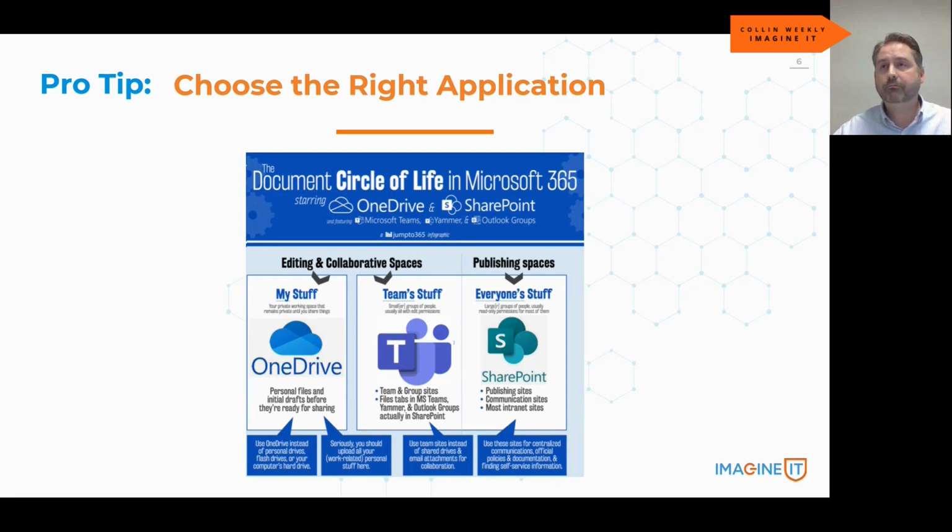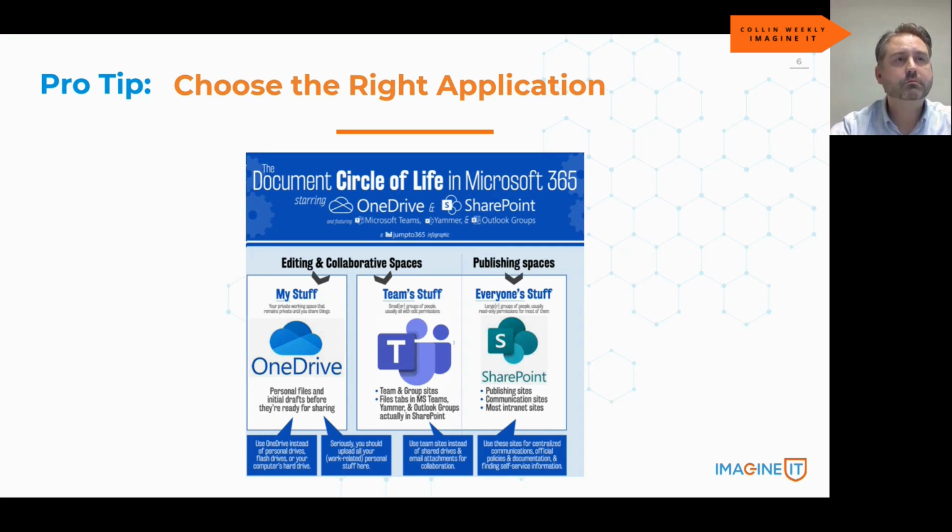Thanks, Colin. This is another really interesting graphic to me, because it talks about the 3 services that sometimes people talk about all as one: OneDrive, Teams, and SharePoint. There's overlap between them, but one of the easiest ways to think about when to use the technologies is to think about this circle of life, if you will, from end to end of a document.